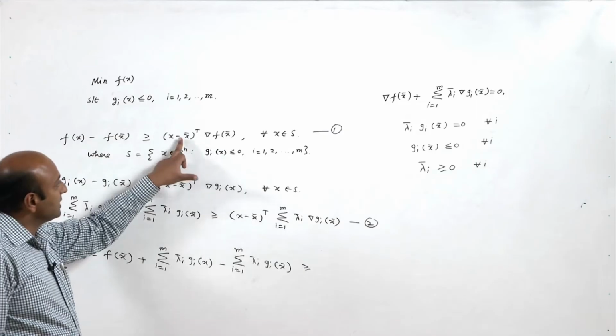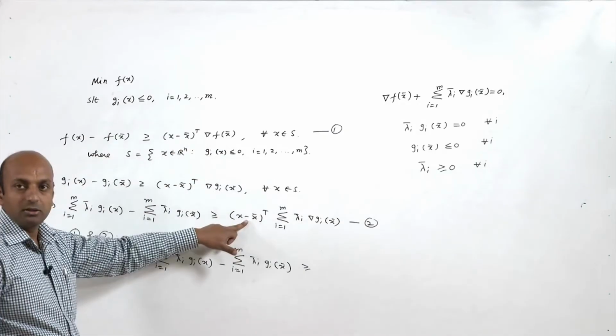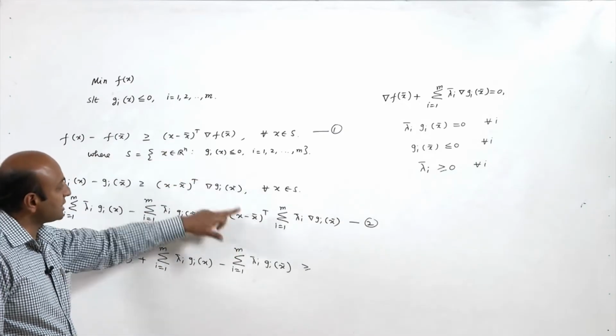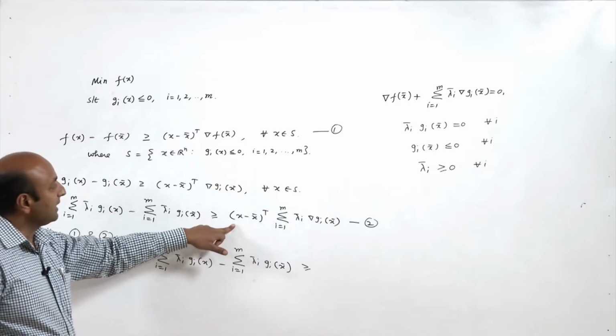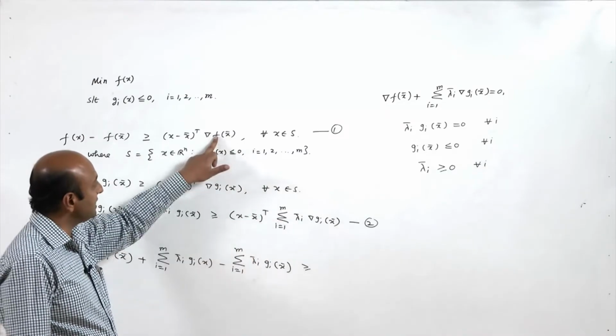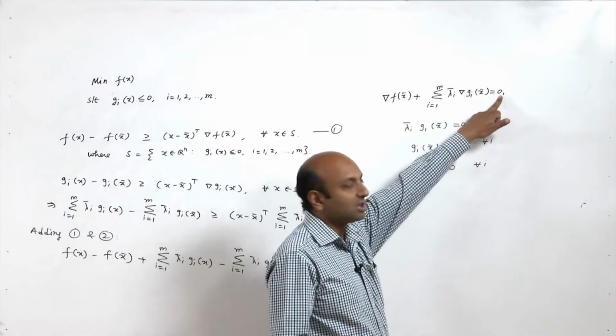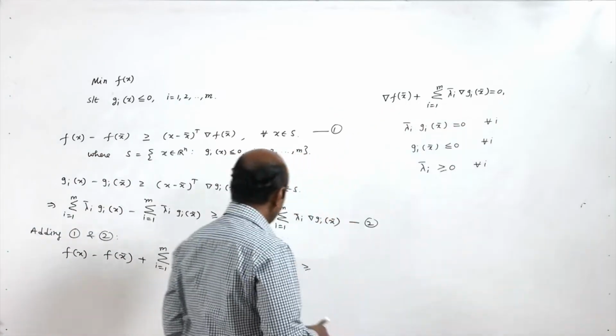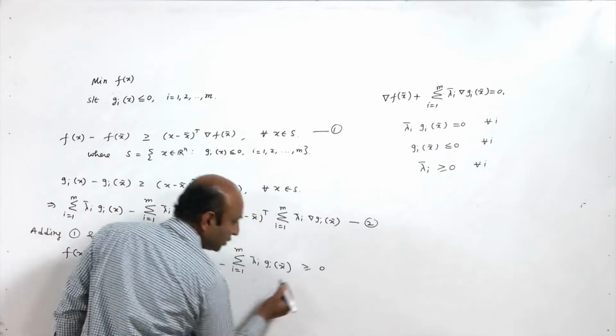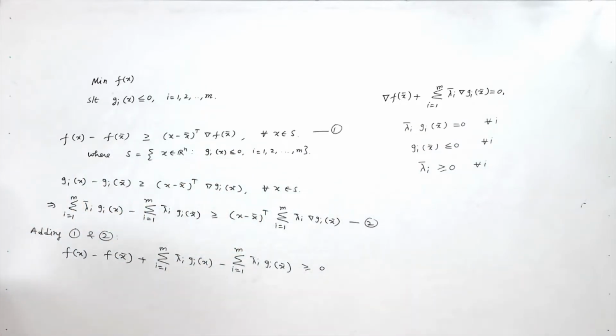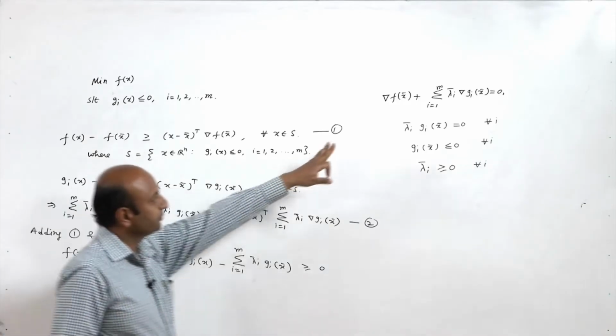You see this term is common in both the inequations. So, (x minus x bar) transpose will come out, and inside the bracket we will have this plus this, and this from the first equation is 0. So, this will be greater than or equal to 0 using the first equation.